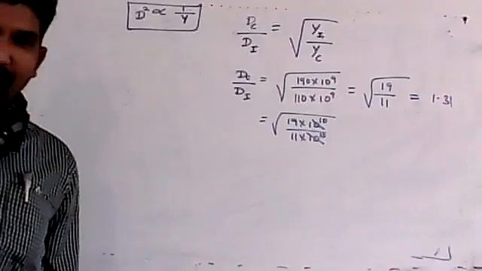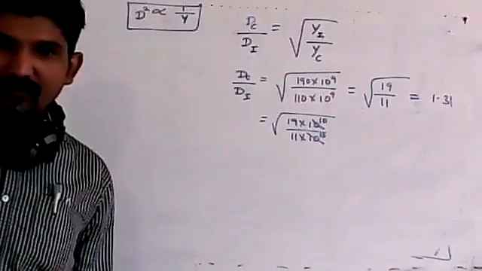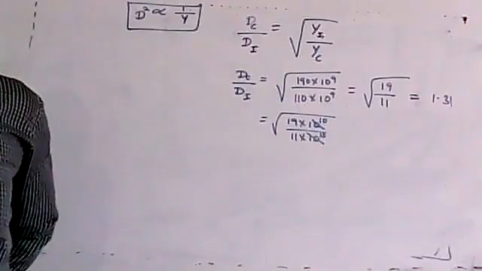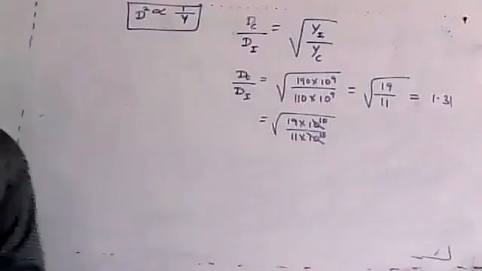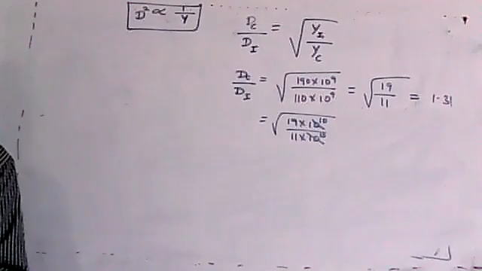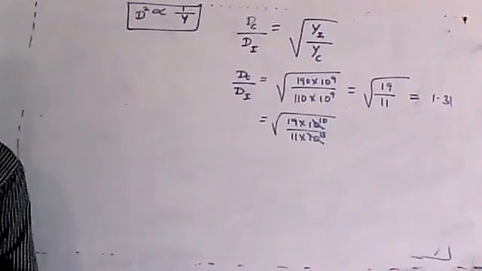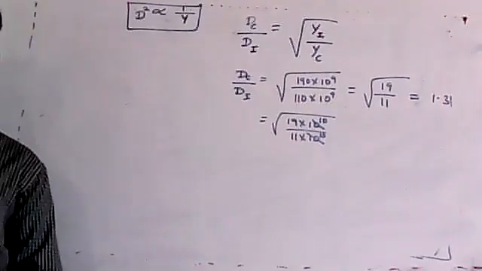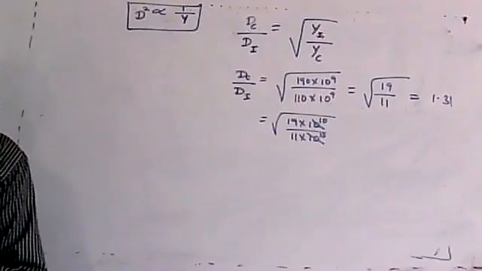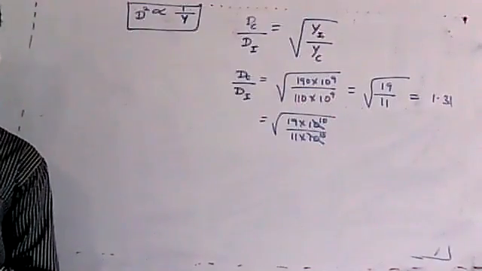Shravan, how did you get 9:7? Just check once. Is everyone getting the same thing or not? Just tell me. Is it okay? You got 1.25, Shilpa. Just check once.